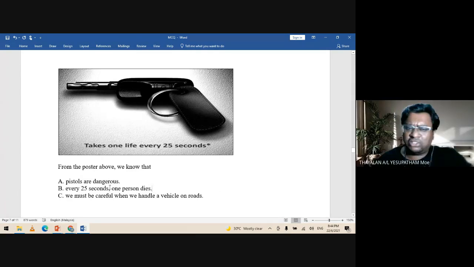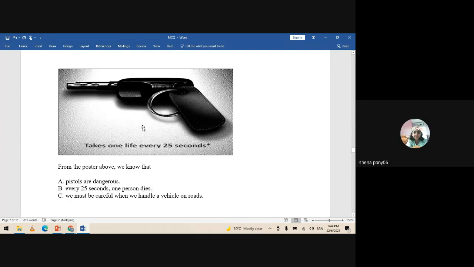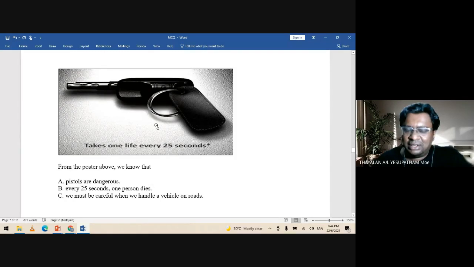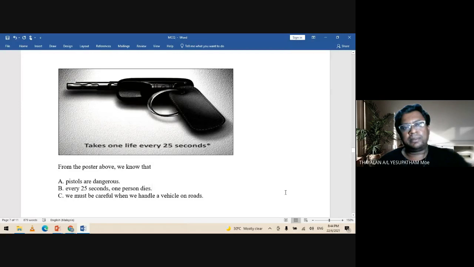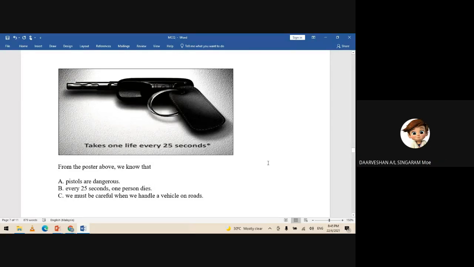B is not the answer. Wait, listen. Whatever is shown in the picture is assumed to take one life every 25 seconds. What do you see in the picture? Pistols are dangerous? You know what?